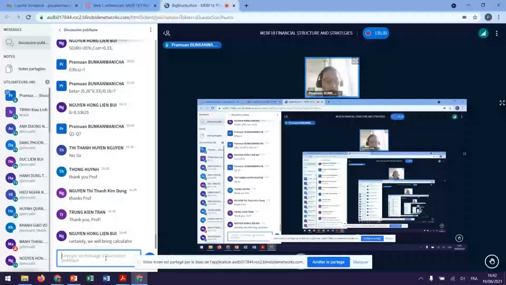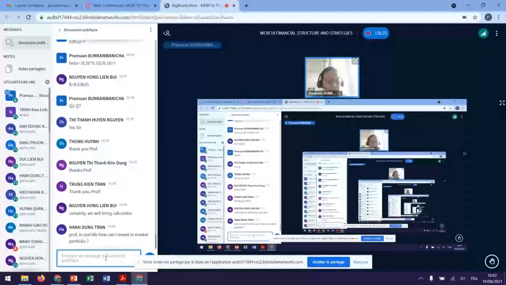In real life, how can I invest in the market portfolio? Very simple. You're not investing in the market portfolio directly.